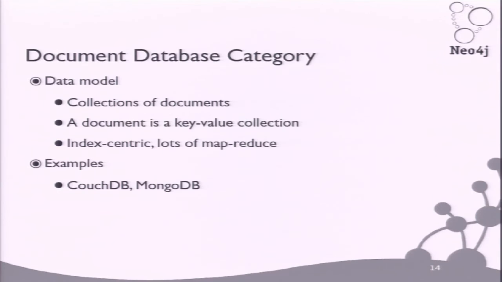The third category is by far the most popular one and the most well-known in the NoSQL space. Here's where MongoDB lives. I'm not going to do a hand raising, but I would wager that probably 90% of you who said that you've put a NoSQL database in production are using Mongo. So this is by far the most popular one. And its heritage is actually, believe it or not, Lotus Notes.